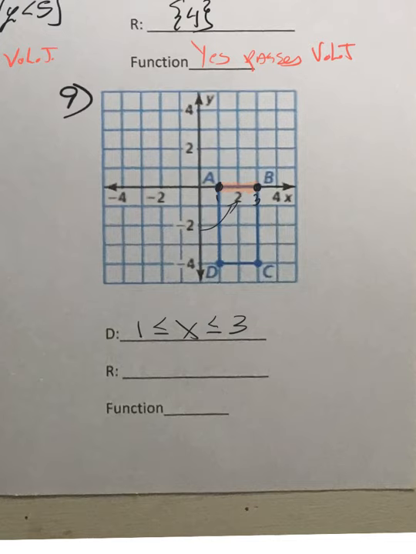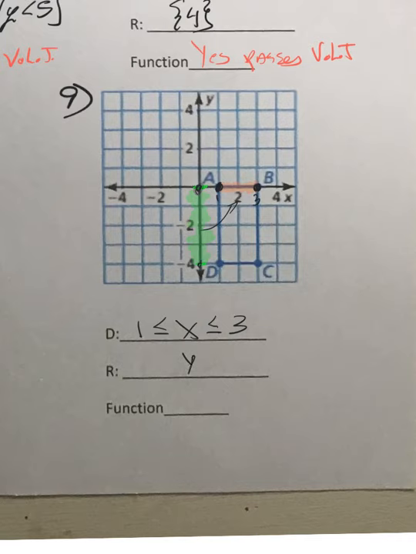And then the range is how high and low. Isn't the highest it goes 0, and isn't the lowest it goes -4. So the highest it goes is 0, and the lowest the rectangle goes is -4. And we're including the edges of the rectangle.